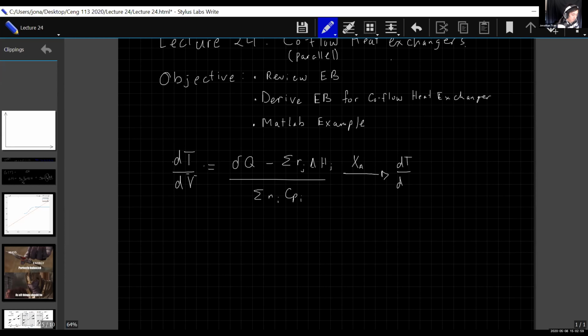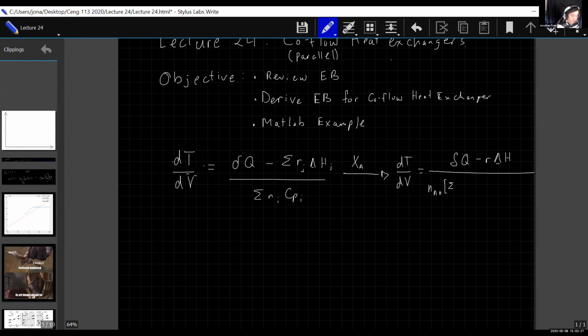But writing this same equation in terms of conversion, we can then write it as dT/dV is equal to Q-dot minus r ΔH, divided by, now this term on the bottom is going to look really ugly. However, when we get to the examples, you'll realize that it's just a numerical calculation for a lot of these terms, and in some cases we can simplify this quite a bit.